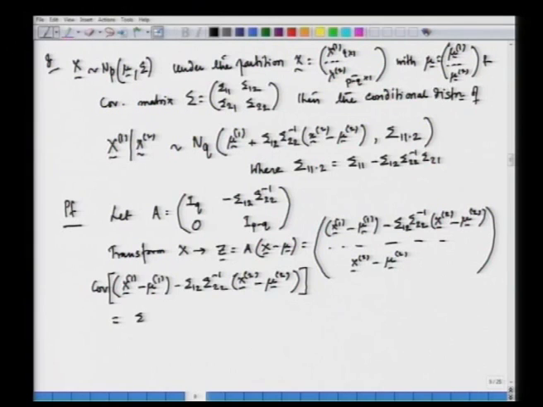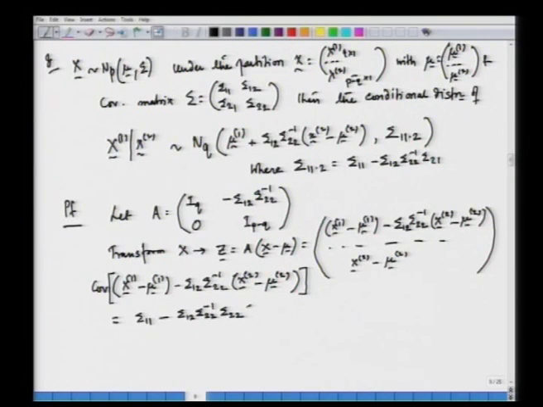This is nothing but Sigma_11 minus Sigma_12 Sigma_22 inverse, times the covariance of this part, which is Sigma_22, and we have to take the transpose of these constant matrices here.